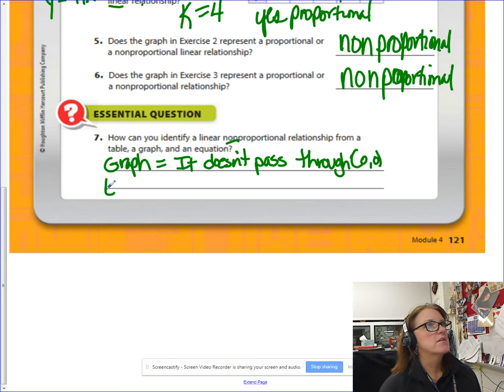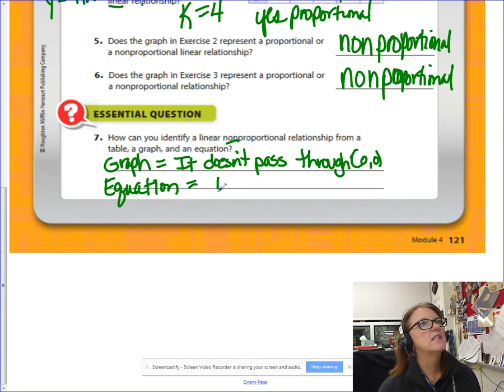An equation. This one, if you have the equation, it's pretty easy to tell if it is in this format, okay? And here again, what you're really focusing in on is that value that tells us what the y-intercept is, okay?